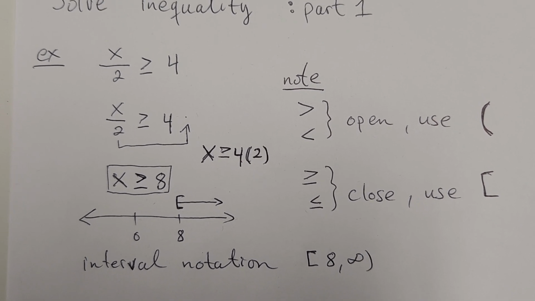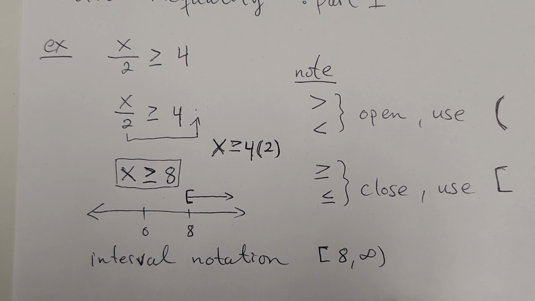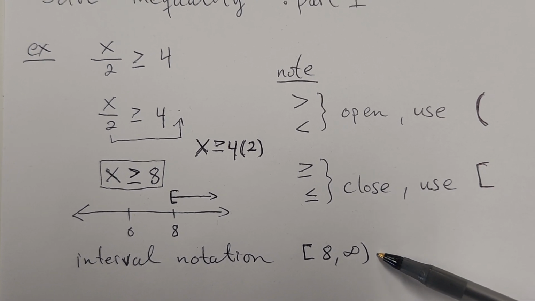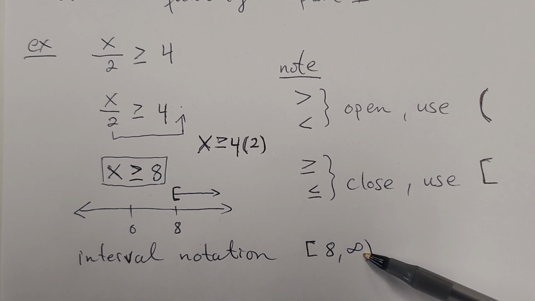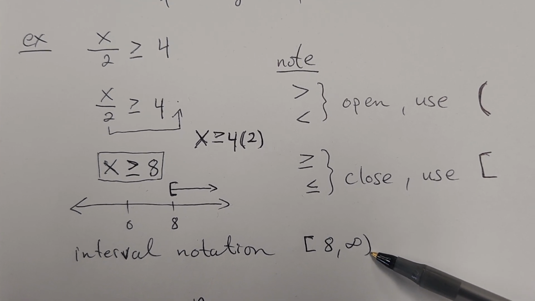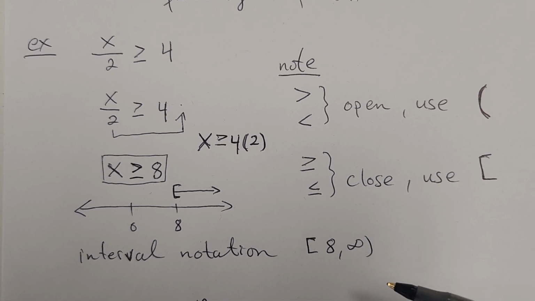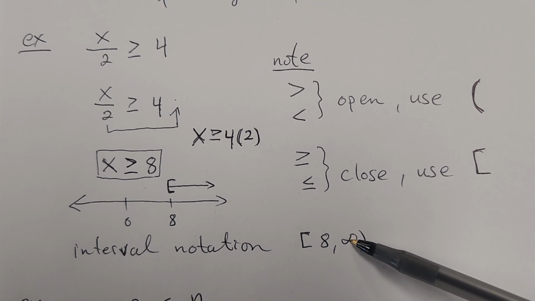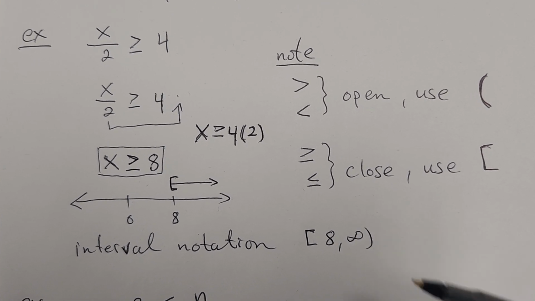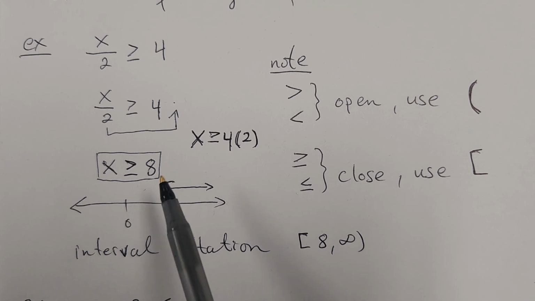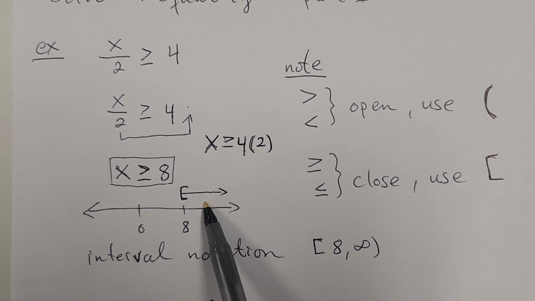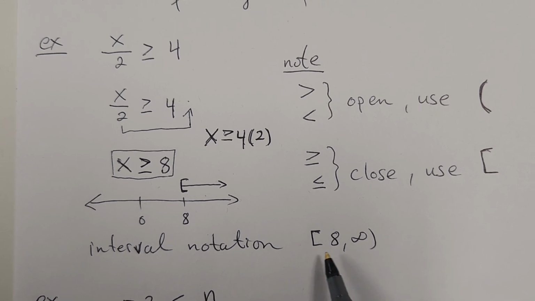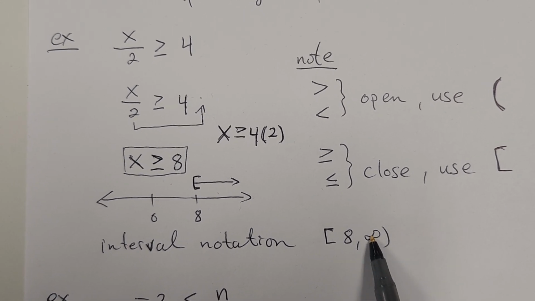Infinity always uses parentheses, and the reason is because we can't really reach infinity, so it has to be parentheses. So when you see the infinity symbol, we use parentheses. This is the answer after you solve. This is the answer of graph, and this is the answer for interval notation.